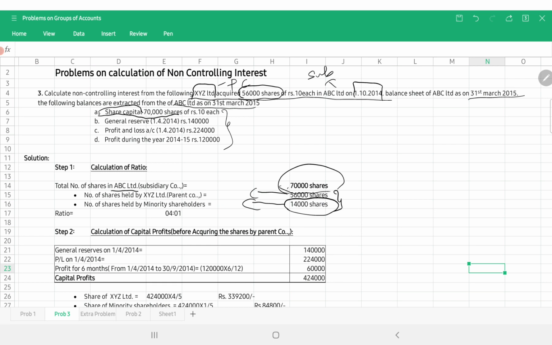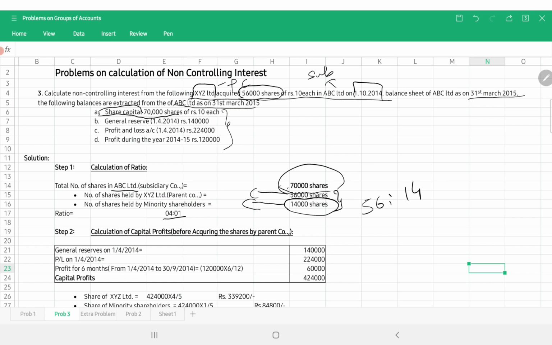So the ratio should be taken only between these two, 56:14, which can be reduced by a common factor to 4:1. So this is the first step.